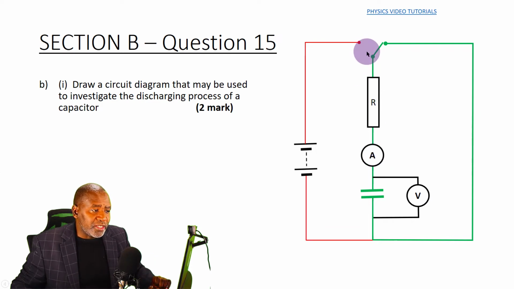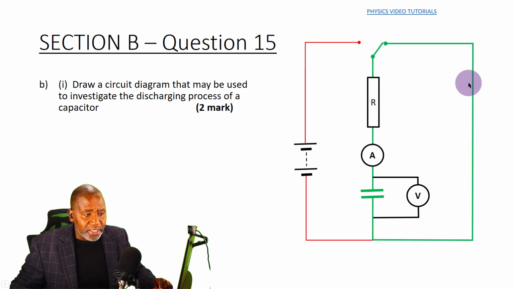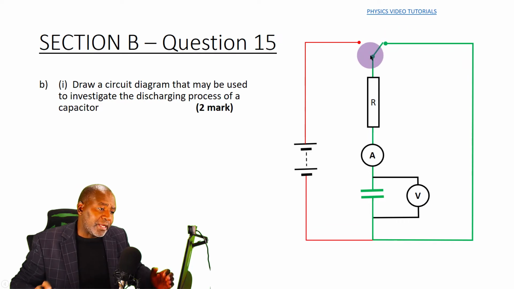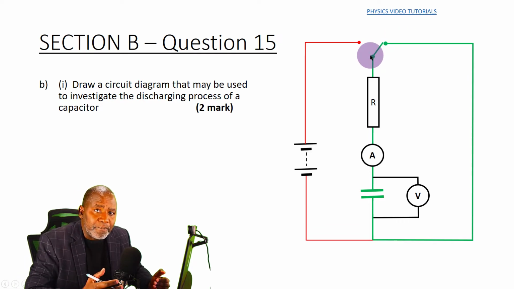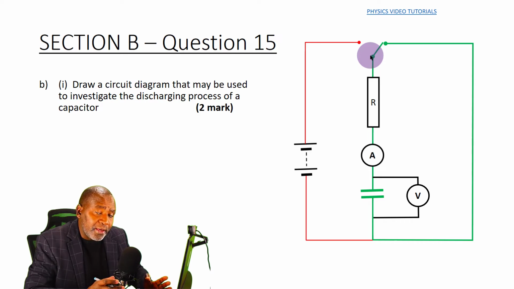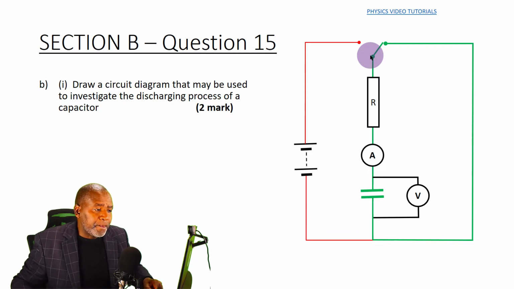Now to discharge it, I'm going to move this toggle switch to the other side. So this circuit here that I've drawn in green is the one which was expected. But like I've put it, we cannot divorce the charging process from the discharge process, because the moment you touch a charged capacitor, it immediately discharges. So it's important to investigate the charging and the discharge simultaneously.